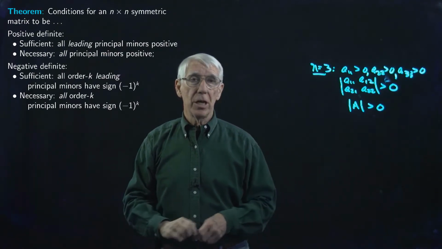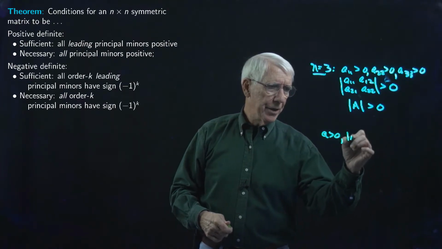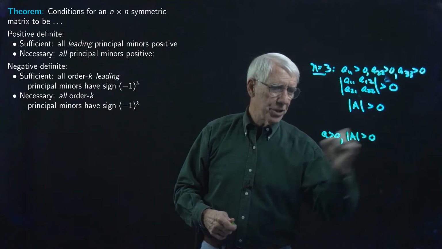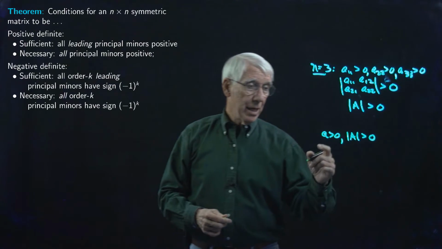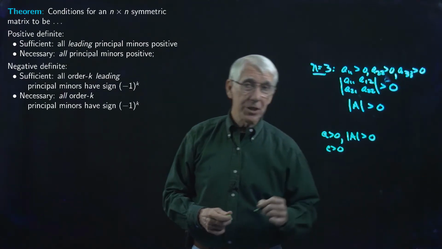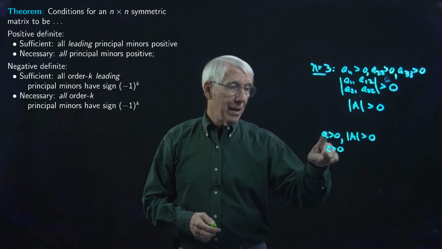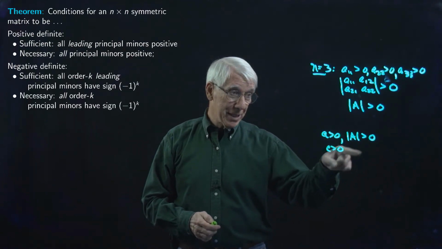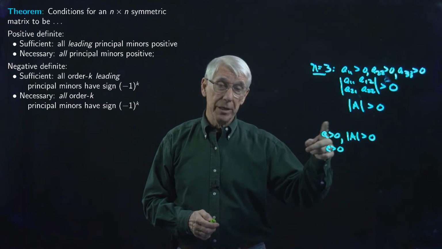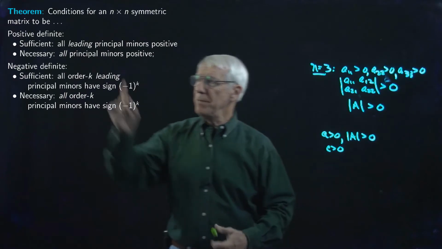In that case, we had that A positive and the determinant A positive was sufficient, and that was enough to guarantee that C was positive as well. So that means that this, in fact, altogether was a necessary condition. And of course, this is sufficient as well.